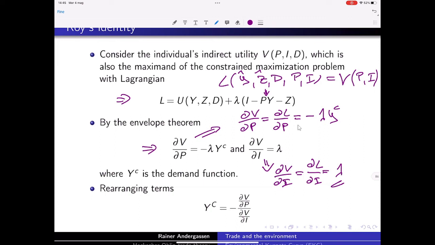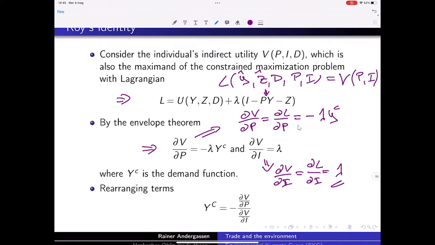From a mathematical point of view, it is the Lagrangian multiplier. But from an economic point of view, it is a measure of how much your utility increases if you get an additional unit of income. And therefore, it's the marginal utility of income, the shadow value of income.